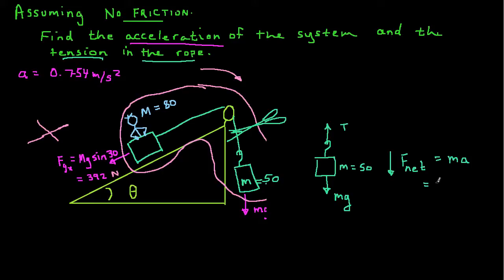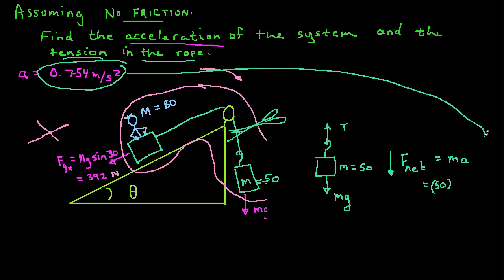So it's a 50 kilogram object, but the whole system, of which this is part, is accelerating at this rate. So this is the acceleration of this part of the system, as well as of the whole system.